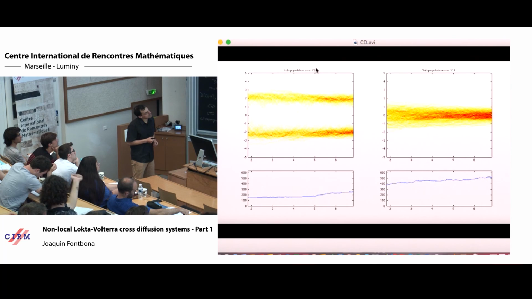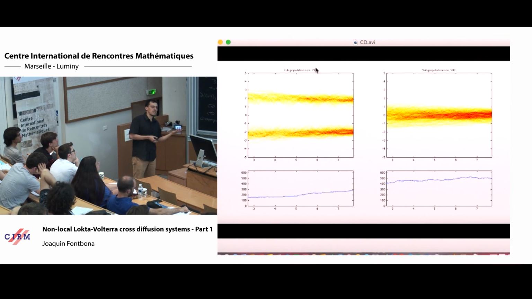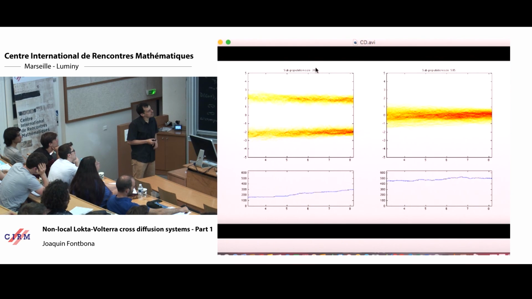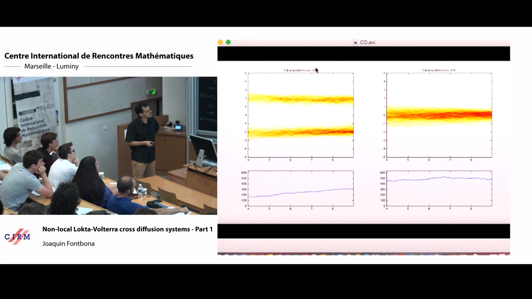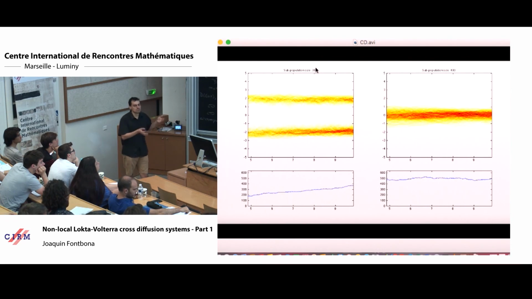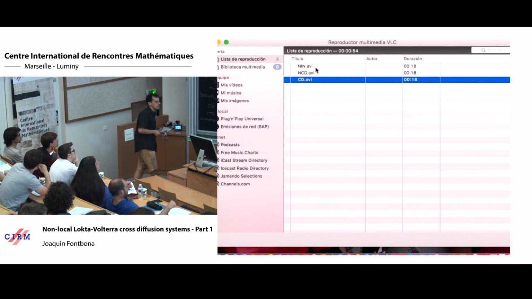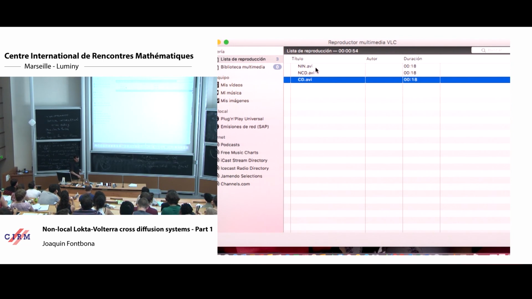Of course, it cannot, but it will not become extinct at the same time scale as the other one. I can even have some resurrection here, and it will start growing steadily in a way which is close to the original one without interaction. Thank you.